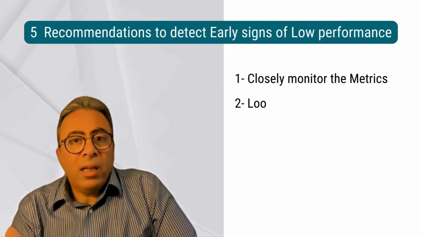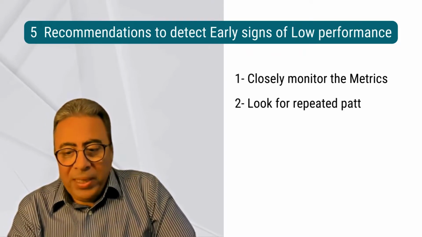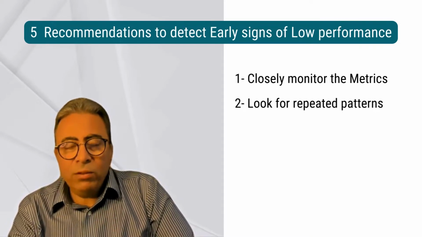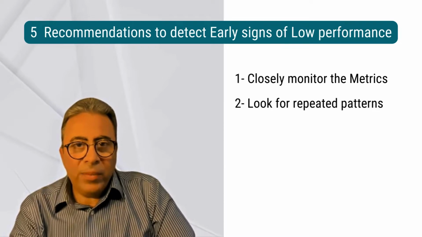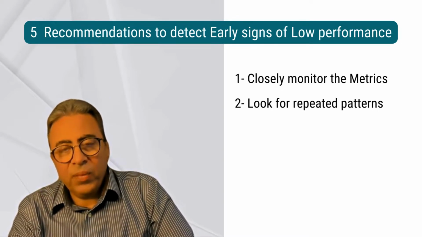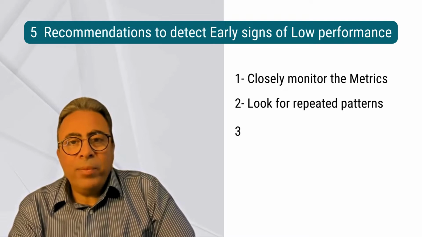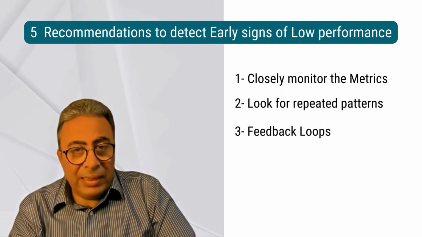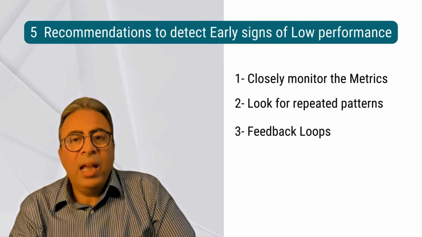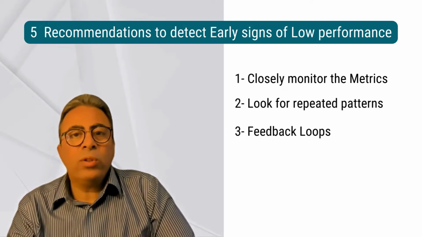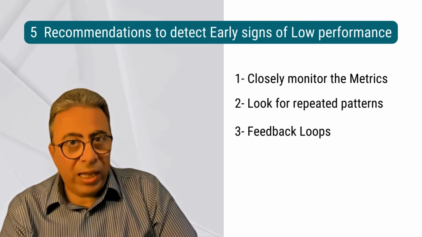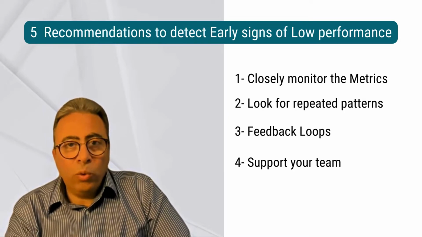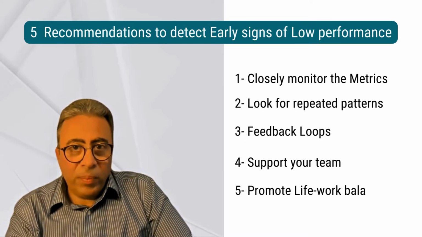Second, whenever you observe a repeated pattern, whether in the performance metrics or in the attitude, that is the time to have a discussion with the colleague. Third, establish systematic feedback loops in order to get a detailed idea about what's happening and how the stakeholders perceive the team's interactions. Four, provide support and always encourage work-life balance.